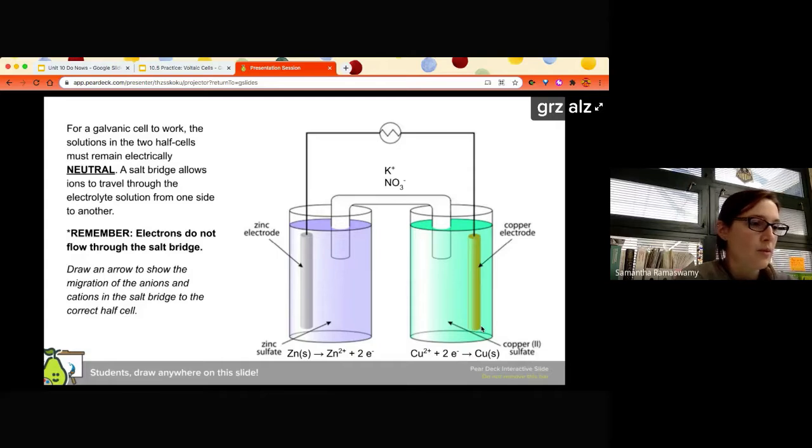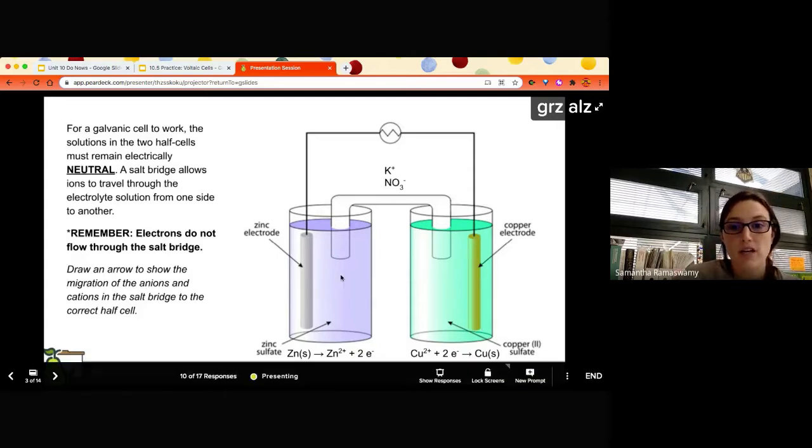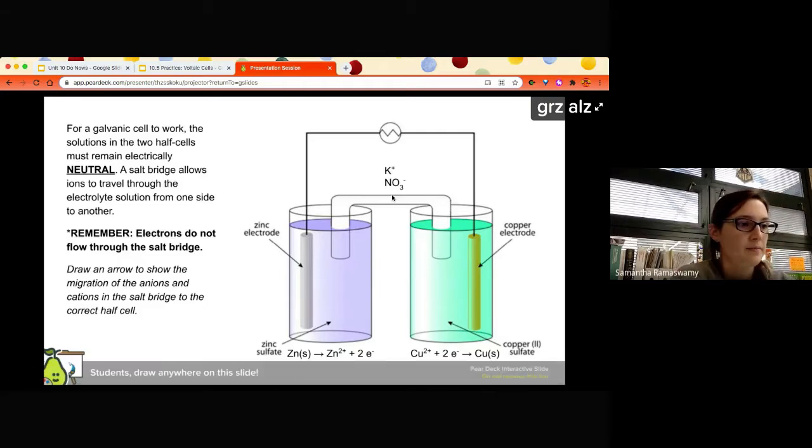Once you remember that you have anode and cathode, then draw an arrow showing which direction K plus will go, and which direction NO3 minus will go. I see a lot of people drawing.